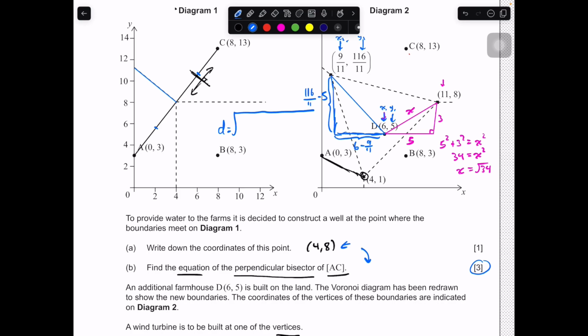Alright, we have, just as it says here, 6 minus 9 over 11 squared plus 116 over 11 minus 5 squared.